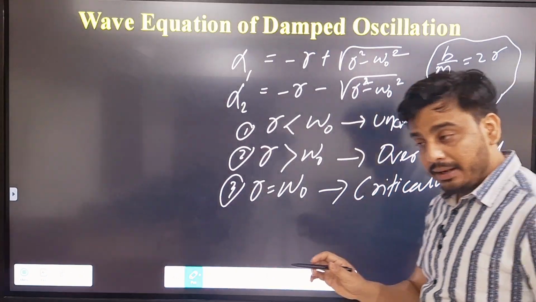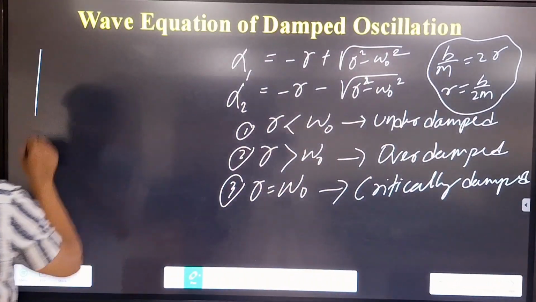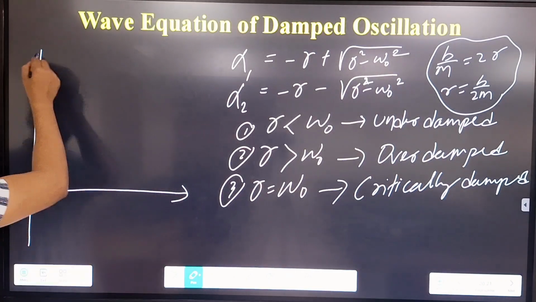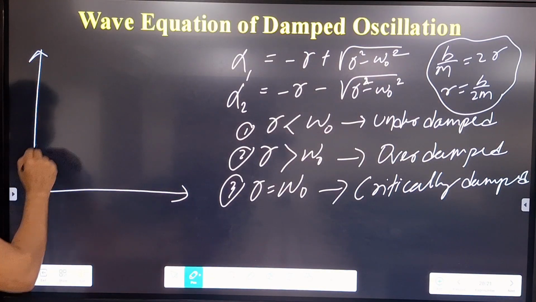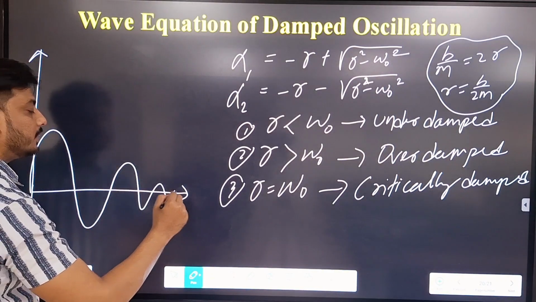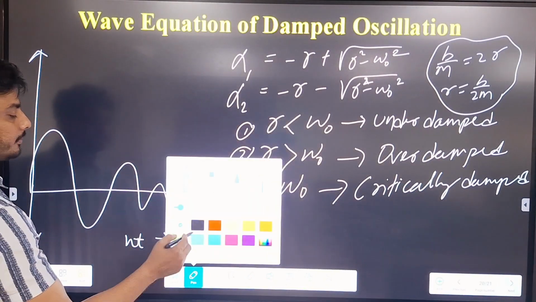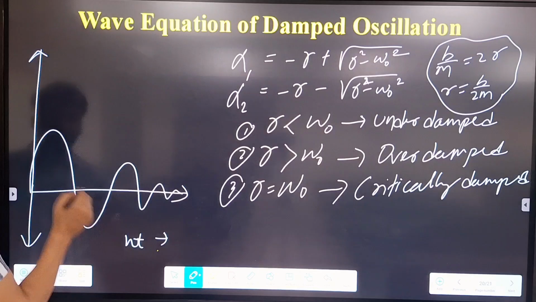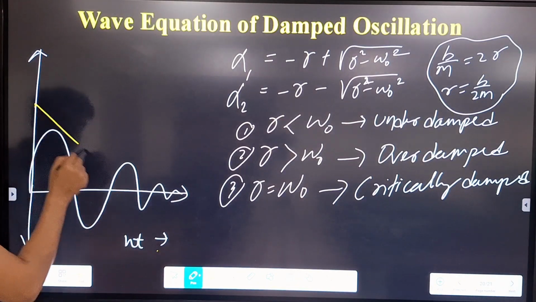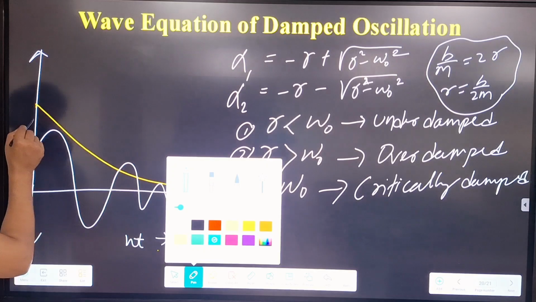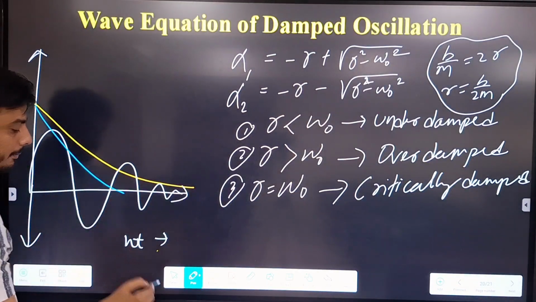So here again, if we plot the graph for displacement, for the damping case this is with respect to t or omega t. I will explain which one is underdamping and which one is overdamping.